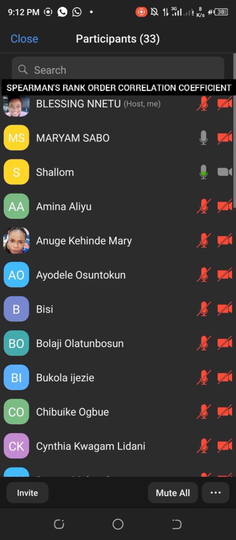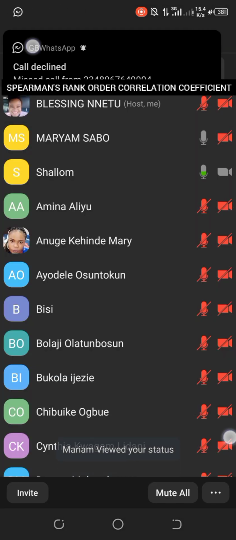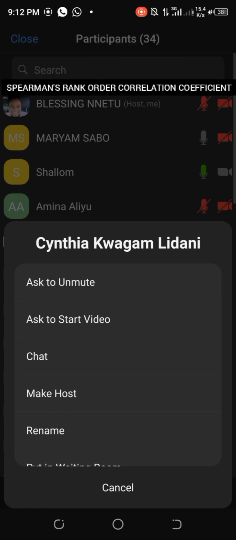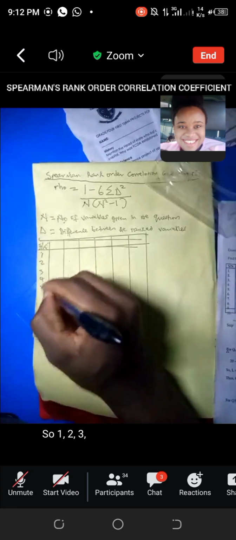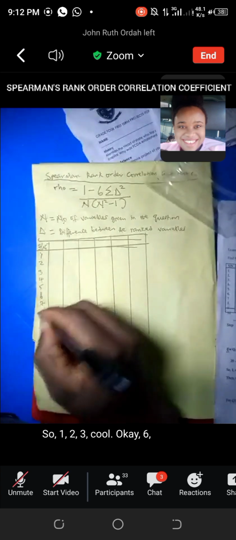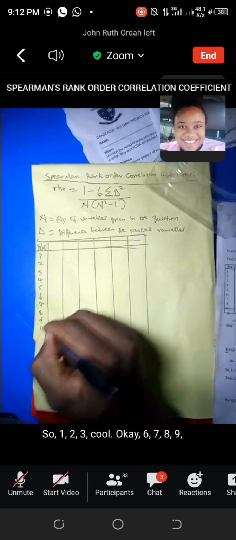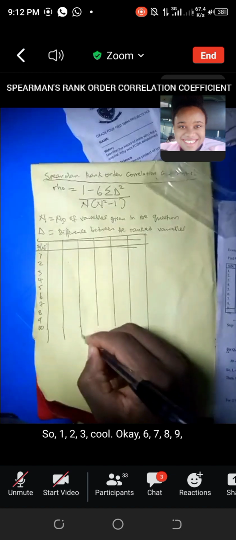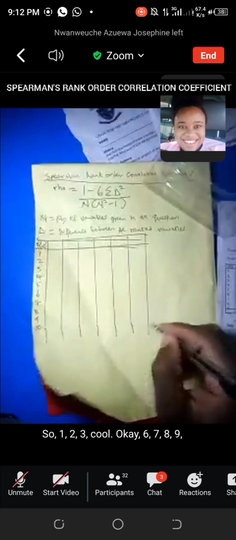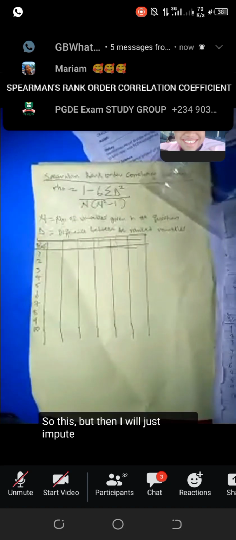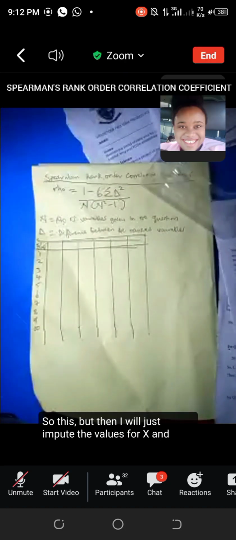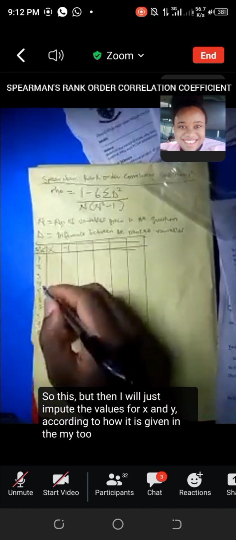So we have the serial number and we have 10 variables: 1, 2, 3, 4, 5, 6, 7, 8, 9, 10. This is the serial number, then I will impute the values for X and Y according to how it is given in the material.